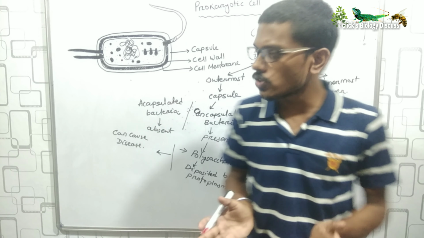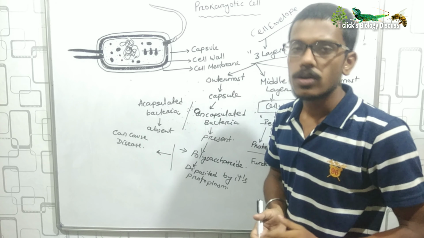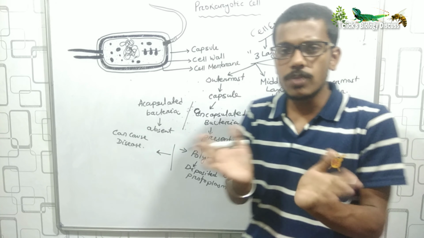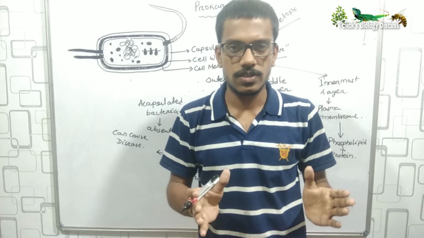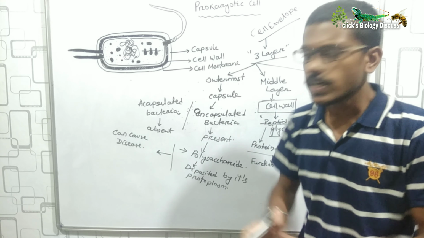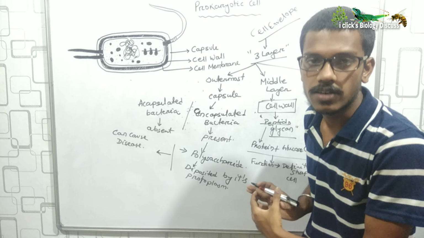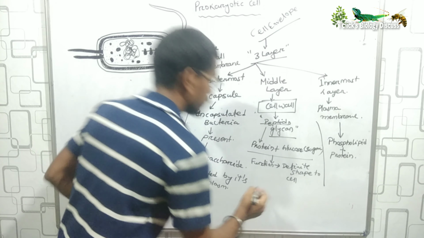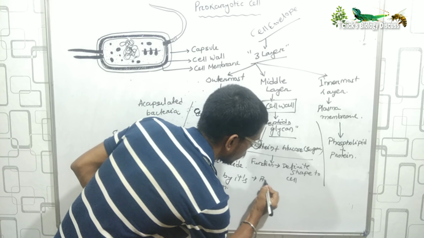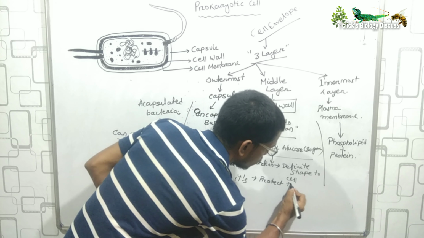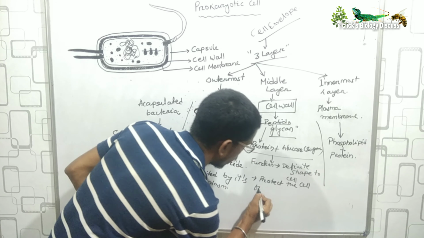If more protoplasm forms inside the cell, there may be chances that the cell can burst. So it helps protect the cell from bursting.